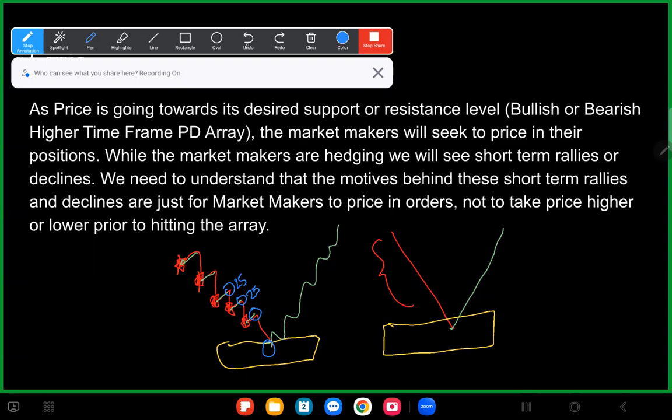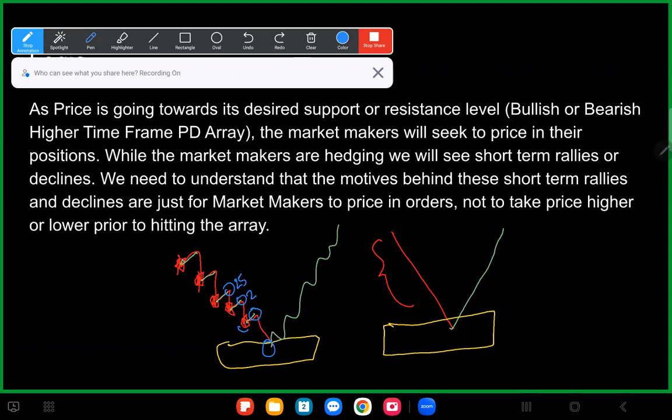And that also builds into the idea of those short-term lows. If you guys remember, we talked about how we don't trust these short-term lows that go into these PD arrays, because those short-term lows that hover below those PD arrays are just going to get liquidated.